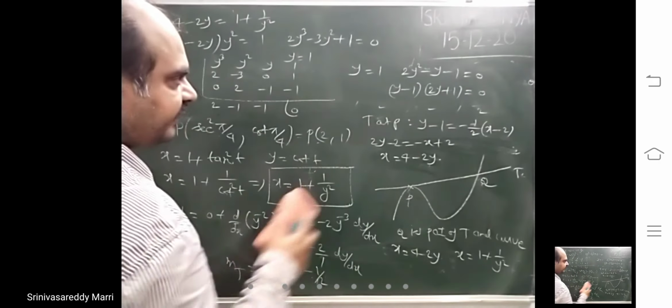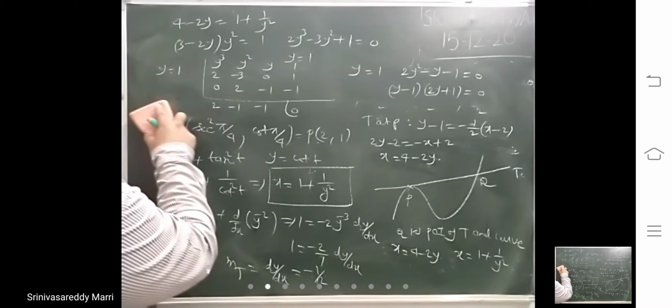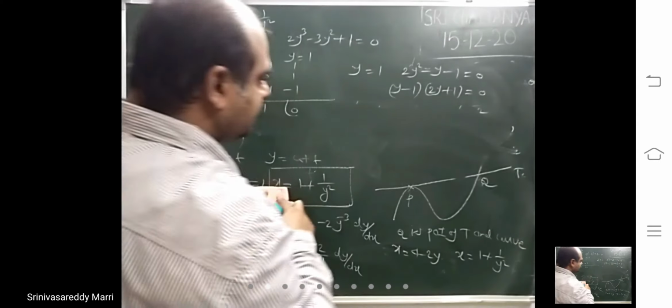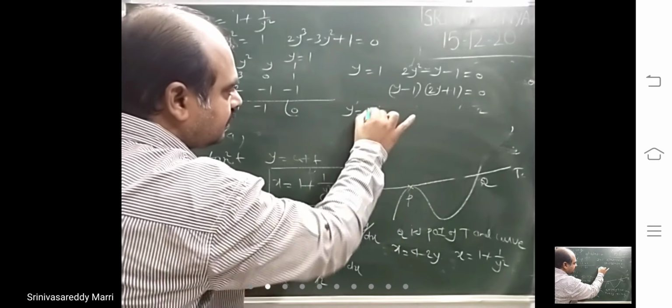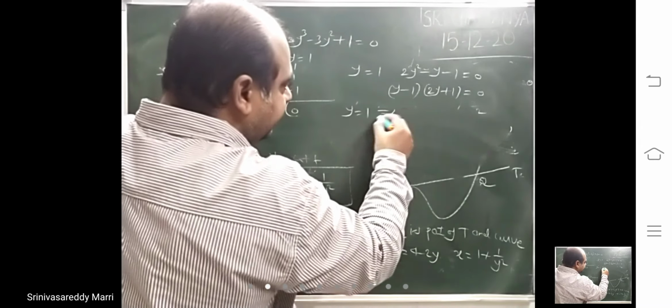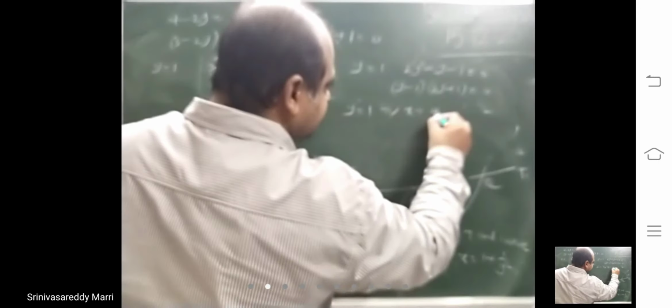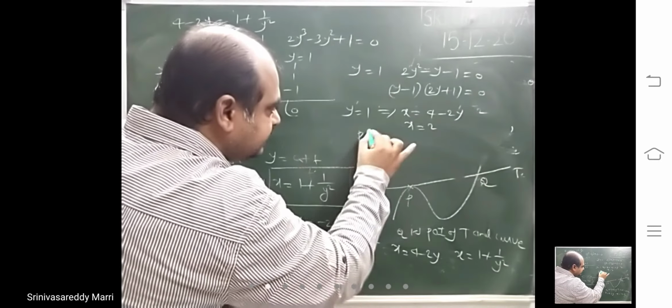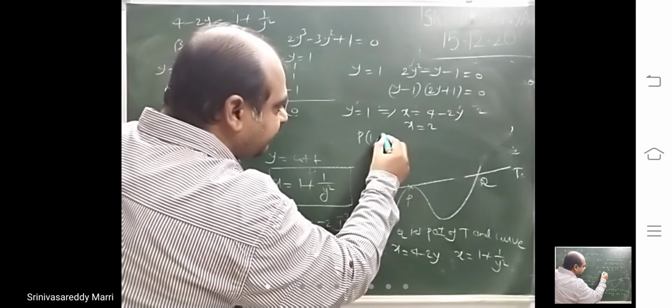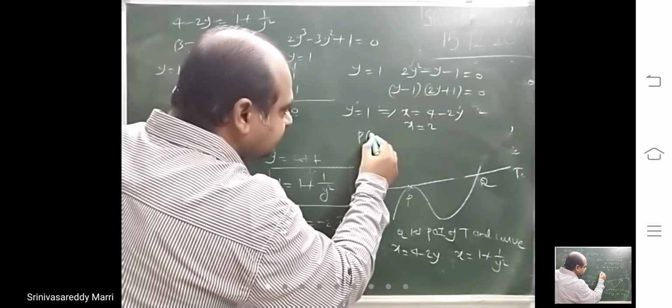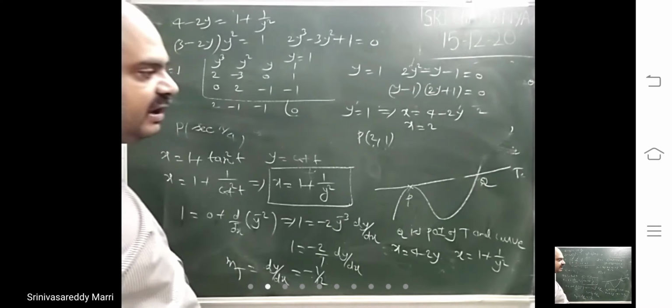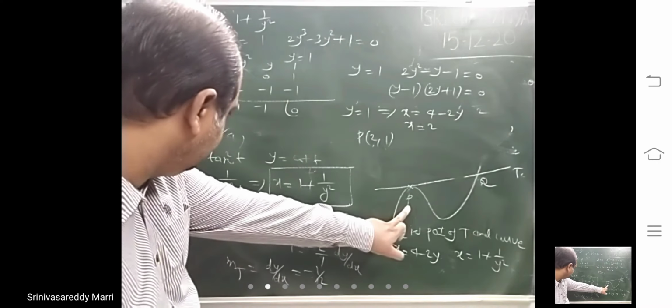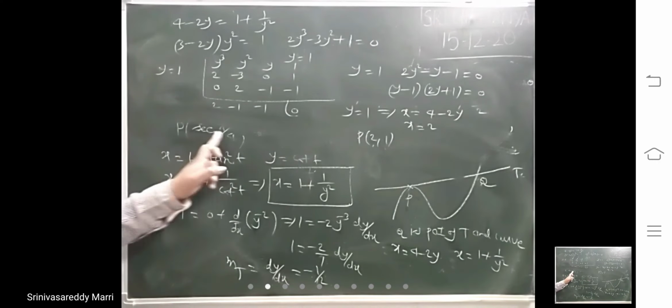Right? You want to find x. Look at y equal to 1, which implies x equal to 4 minus 2y. x is 2. That point is nothing but P, which is 2 comma 1, that is already there with us. One point of intersection is already known.